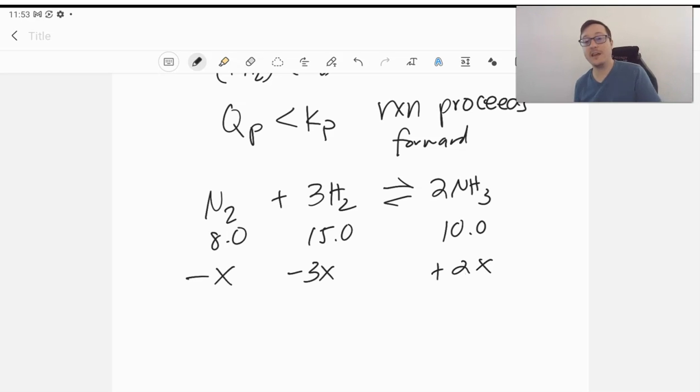That's the point of doing Q. We need to know which one is going to be losing stuff, which one's going to be gaining stuff. So if Q is less than K, we're going in the forward direction, meaning we're consuming reactants. So reactants will have the negative x, and we're making products, so products will have the positive x. And then you can go ahead and solve this if you are so inclined afterwards.